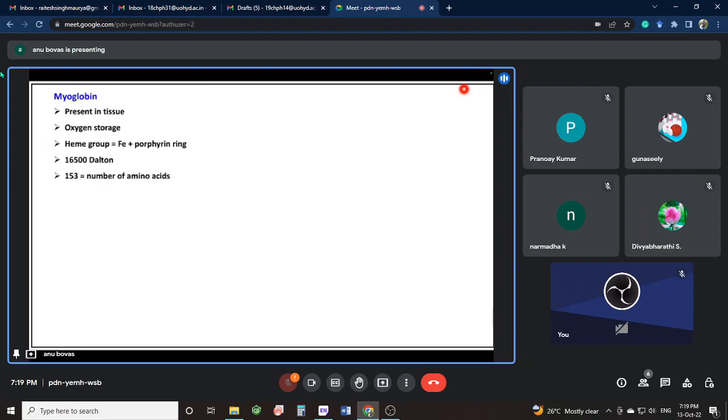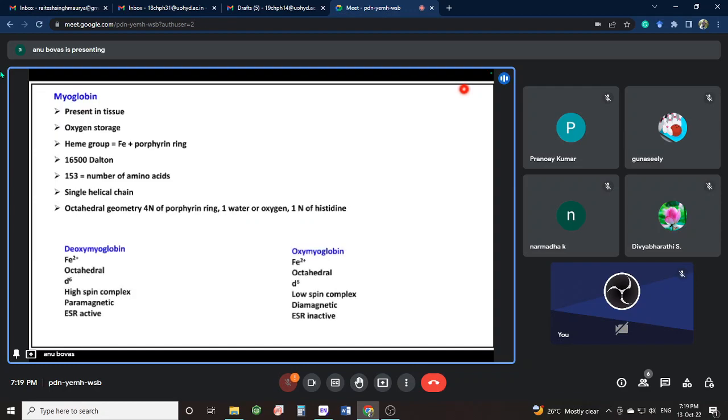Now we have to learn about two things basically: deoxymyoglobin and oxymyoglobin, the oxidation state of iron, the geometry, etc. So now, in both deoxymyoglobin as well as oxymyoglobin, iron is in the +2 oxidation state.